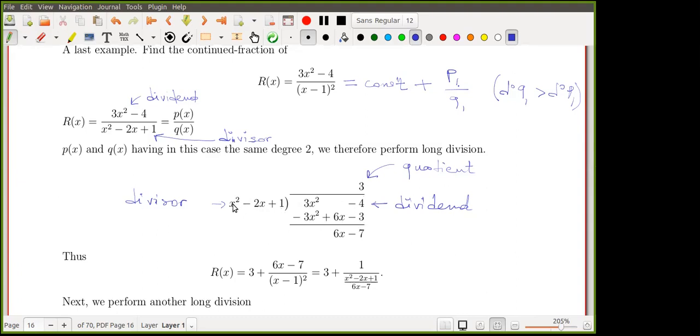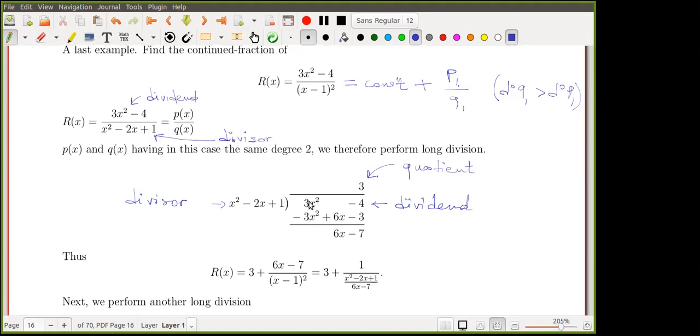So 3 times x squared is 3x squared. 3 times negative 2x is negative 6x. We write negative 6x, and then 3 times 1 is 3, obviously, and then we subtract, so the signs will change, that is, we take this, subtract that one.